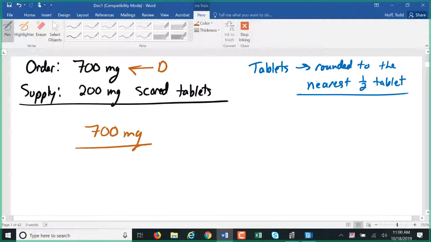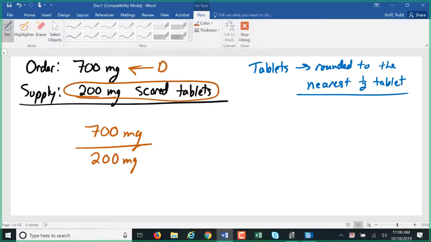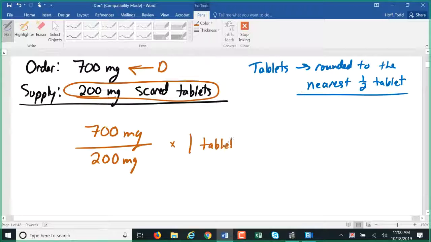Same units. So the doctor's order is in milligrams, the on-hand dose has to be in milligrams. And it is, it's 200 milligrams. 200 milligram scored tablets, that's giving us both the on-hand dose and the vehicle. 200 milligrams is the on-hand dose. The vehicle is one tablet. 200 milligrams per one tablet.